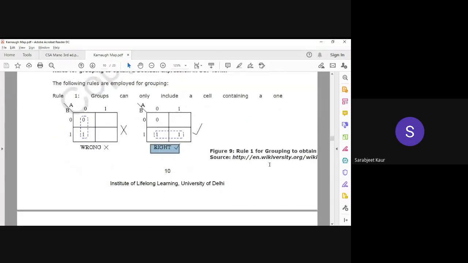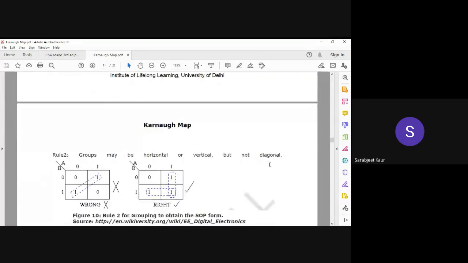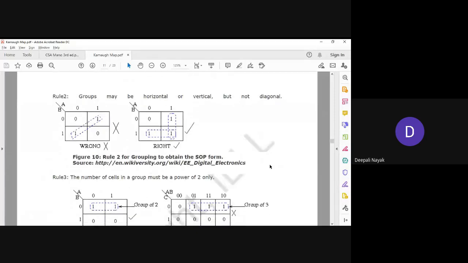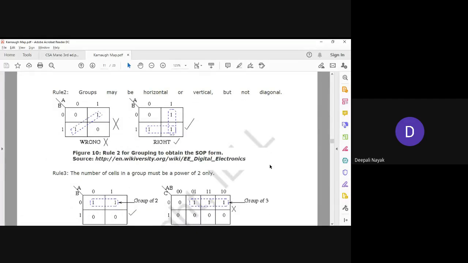Okay, next, Dipali. Rule number 2. Groups may be horizontal or vertical but not diagonal. So again I told you, suppose I have this kind of a two variable Karnaugh map, where these one min terms have been marked as ones.